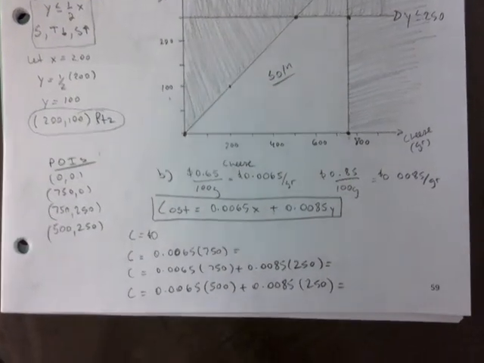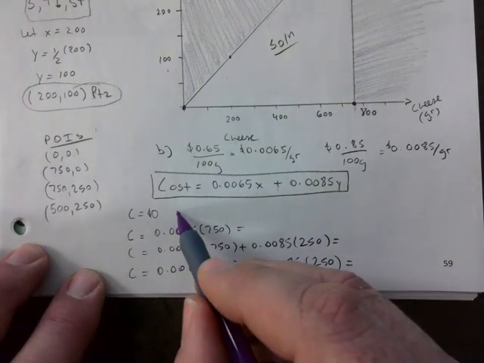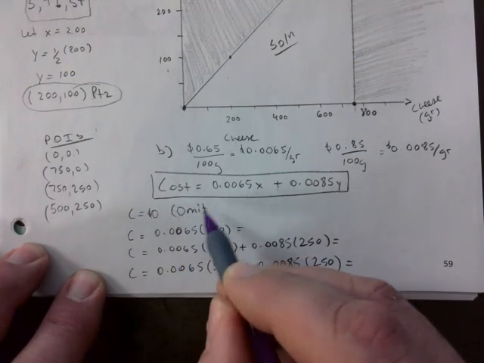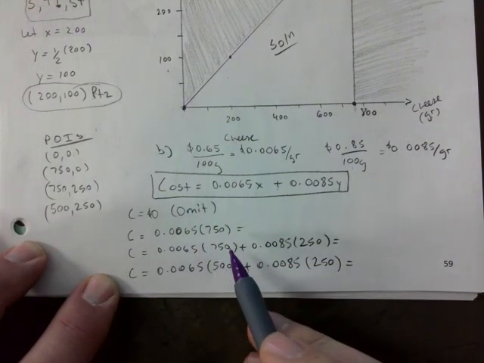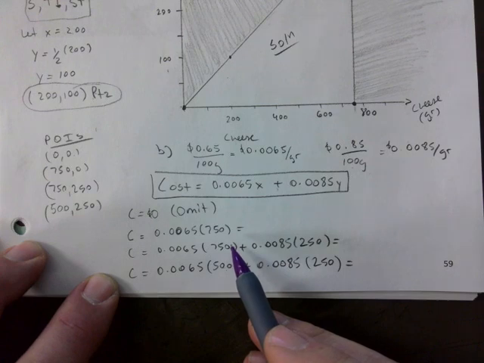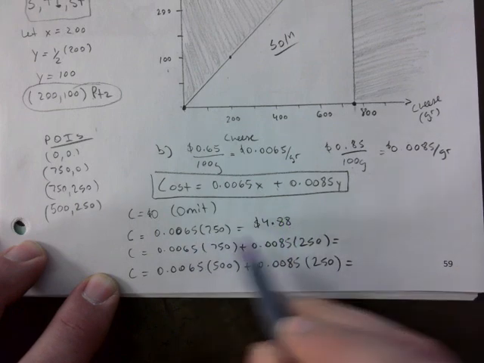So there, obviously the 0, 0 we're going to omit, okay? Because you want to make money, right, as a business. So not using any would not really be feasible, right? So omit that one. So we go 750 times, this gives you 4.88, right?